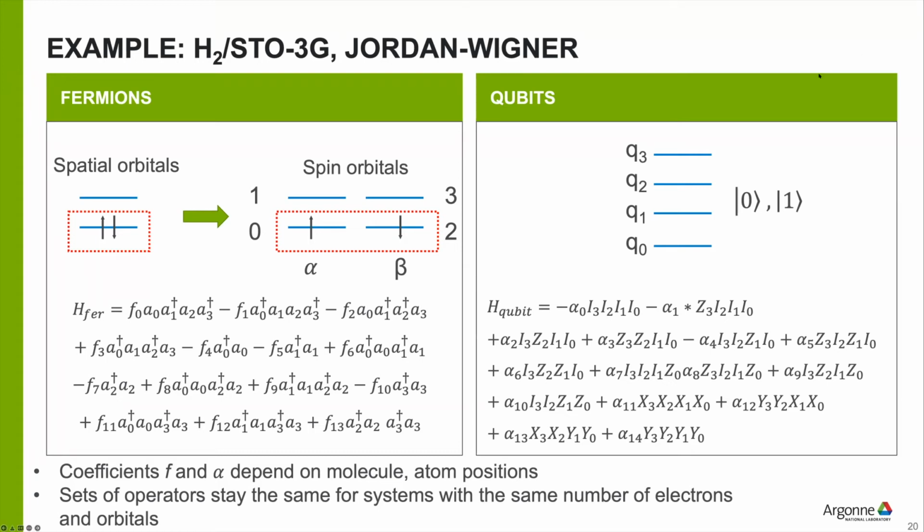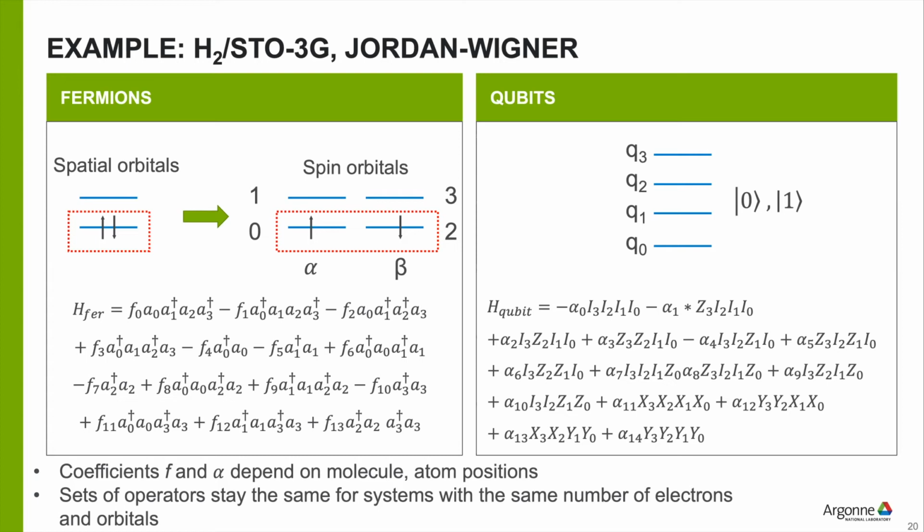Another question: the second QAOA 0 seems to have multiple terms. These multiple terms are the terms of the Hamiltonian. In this case, it is 15 over here. It's essentially 2 to the power of n in the Hilbert space, where n is the number of qubits.